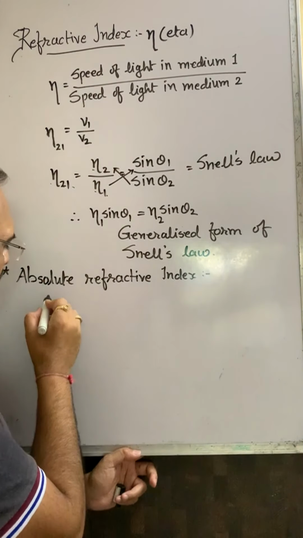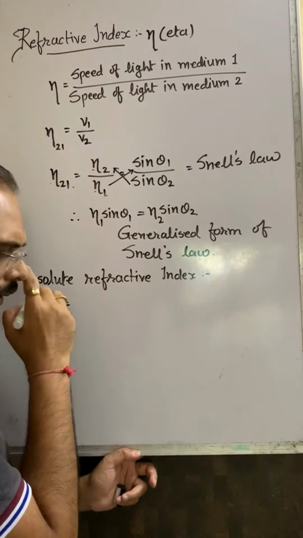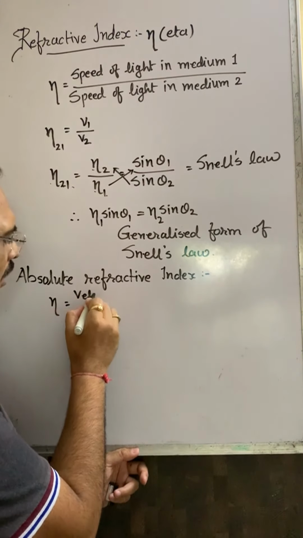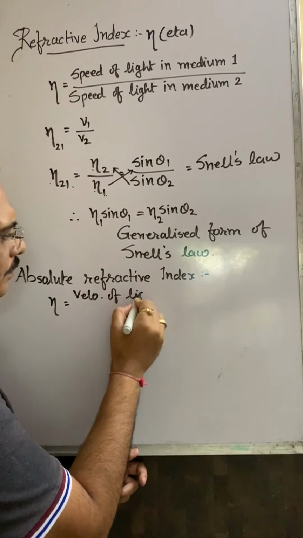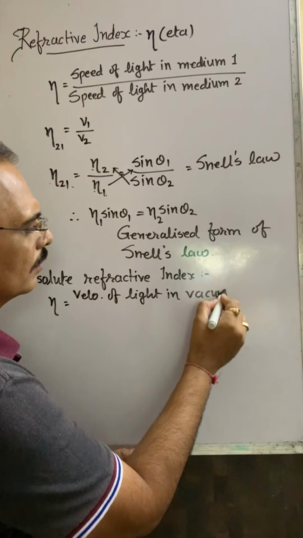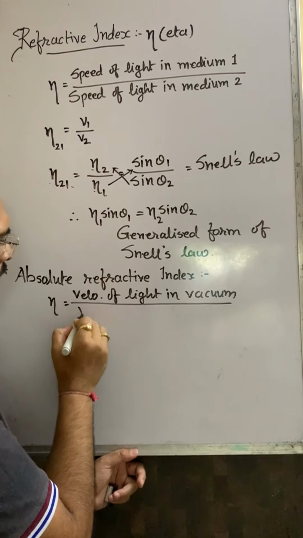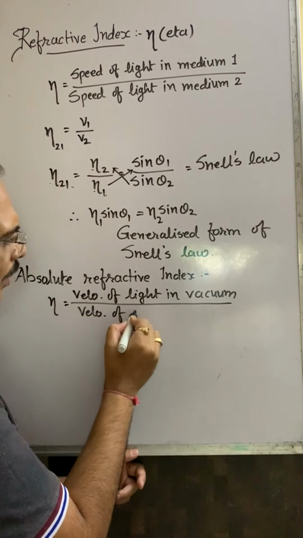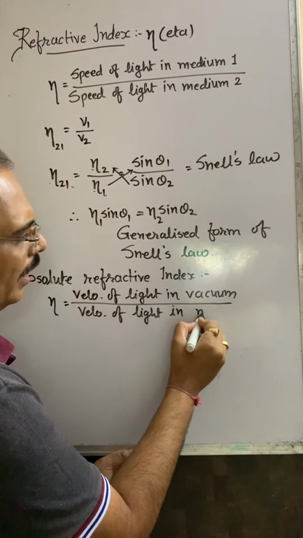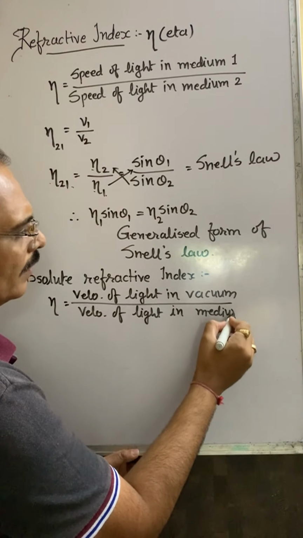Absolute refractive index is also denoted as eta, but it is the ratio of the velocity or speed of light in vacuum to the velocity or speed of light in any medium.